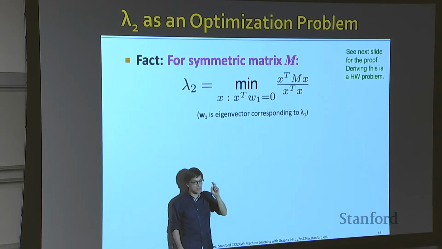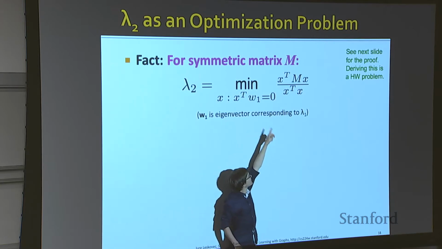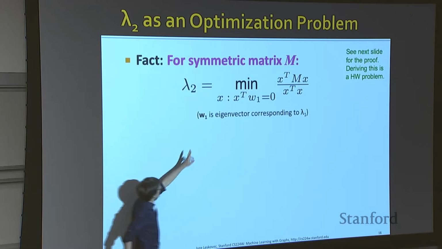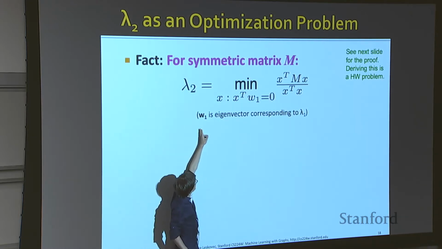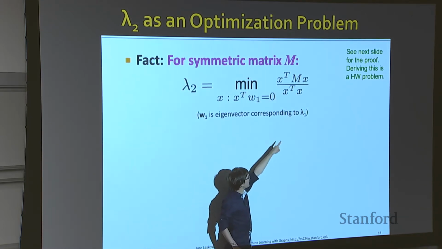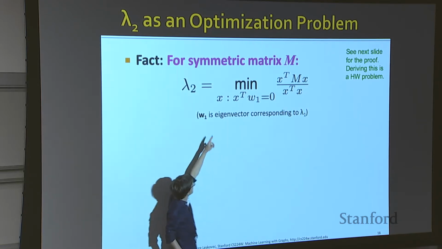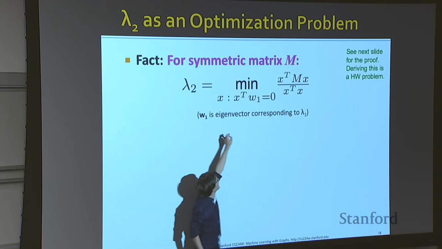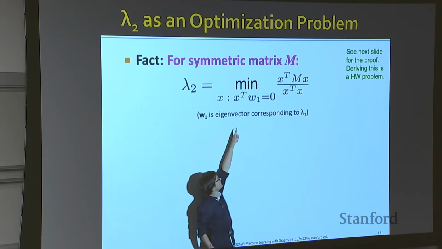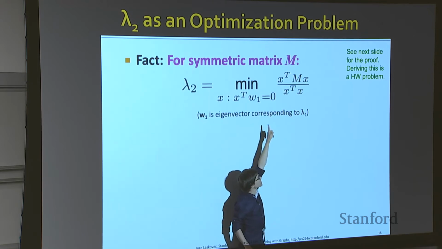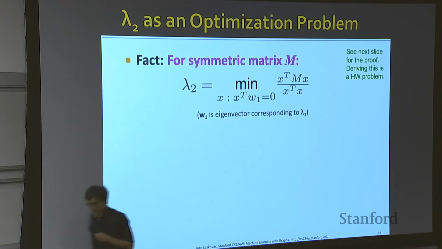Here I label it as W1, and here is the equation that I'm solving. W1 is the eigenvector of M with the corresponding eigenvalue lambda 1, and the value of lambda 2 equals this optimization problem, where I'm trying to find a vector x that is orthogonal to the first eigenvector and solves the expression above.